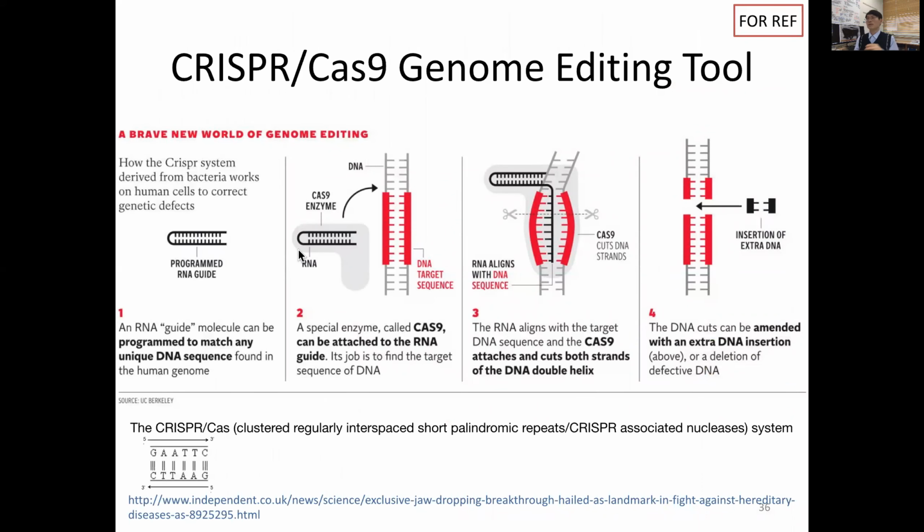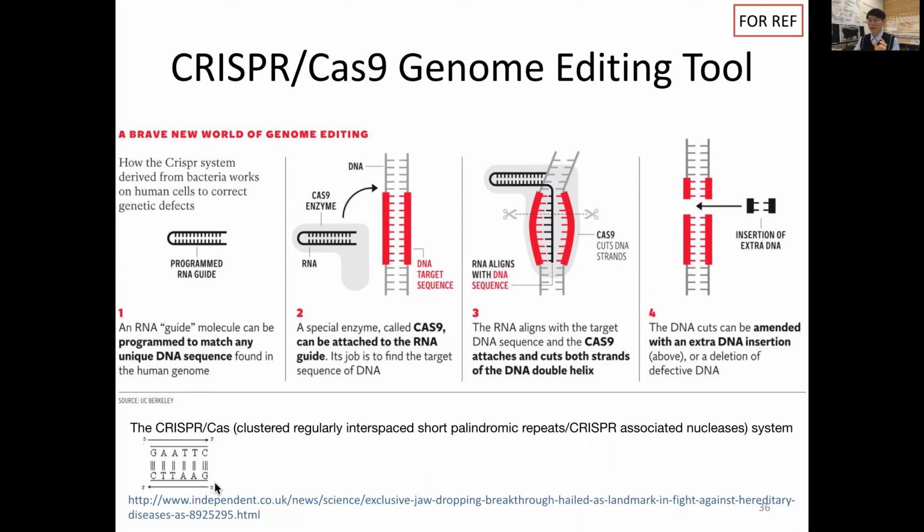Now, recently, a more interesting and specific gene editing tool has been discovered, called CRISPR-Cas9. You have probably heard it many times. CRISPR stands for clustered regularly interspaced short palindromic repeats.